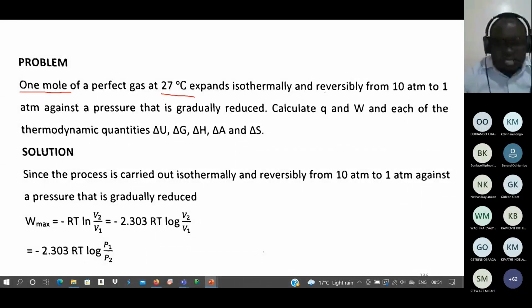At 27 degrees Celsius, it expands isothermally and reversibly from a pressure of 10 atmospheres to a pressure of 1 atmosphere against a pressure that is gradually reduced. Calculate Q, W, and then also delta U, delta G, delta H, delta A, and delta S.